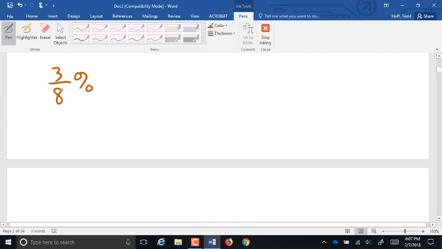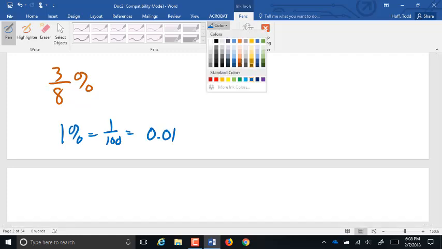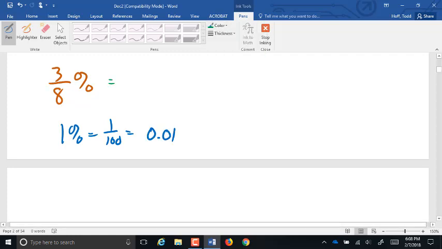Let's do this. This is 3/8%, right? That's 3/8 of a percent. That is smaller than 1%. 1% is not one whole thing. It's 100th. 1 out of 100 or 0.01. 3/8% is 3/8 out of 100.